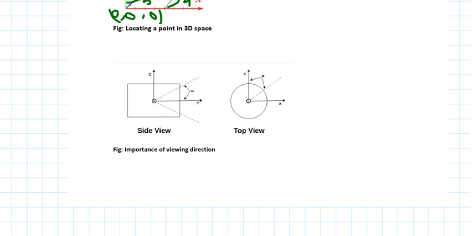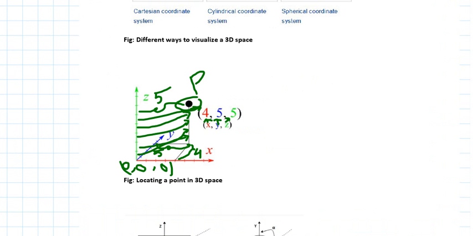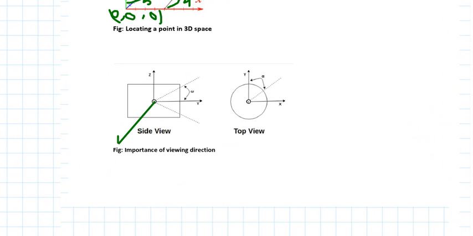In this diagram, XZ was the horizontal space, and in this example, your horizontal space was defined in terms of the XY plane, and the YZ plane represents the vertical plane. So if you get the side view of this 3D space, you will not be able to see the x-axis.